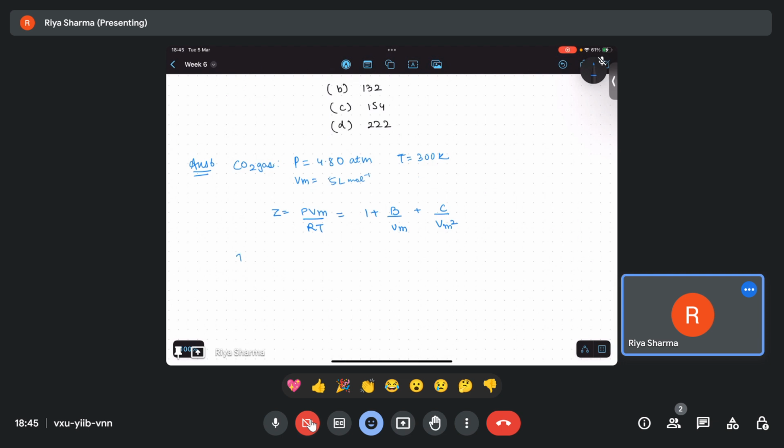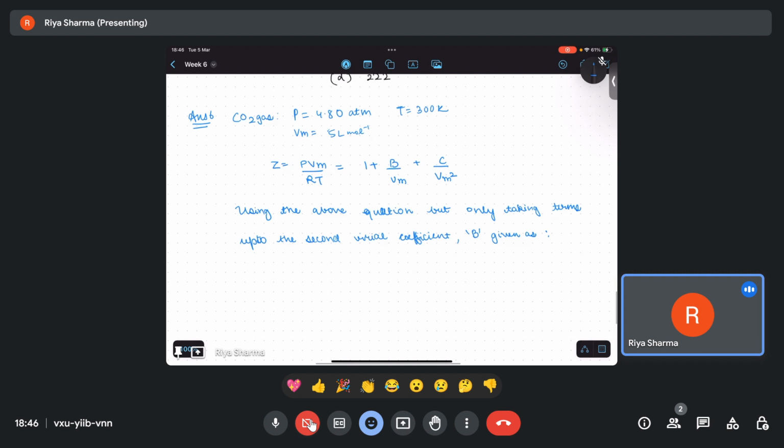So what they are asking us, we will do using the above equation, but only involve taking terms up to the second virial coefficient, to be given as... So what will our equation become?